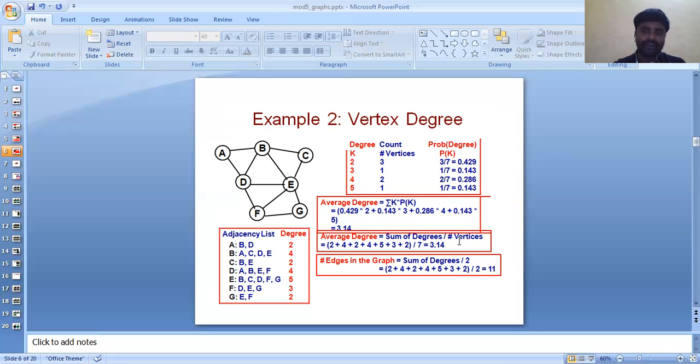This kind of work we can see in real time in internet networks, city networks, and wireless networks. In the next class we can discuss further information about graphs and what types there are. So thank you.